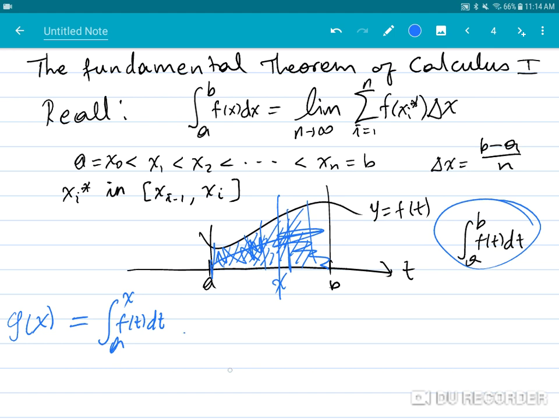Now, what the fundamental theorem of calculus, the first version, is saying is that this function g is actually differentiable.